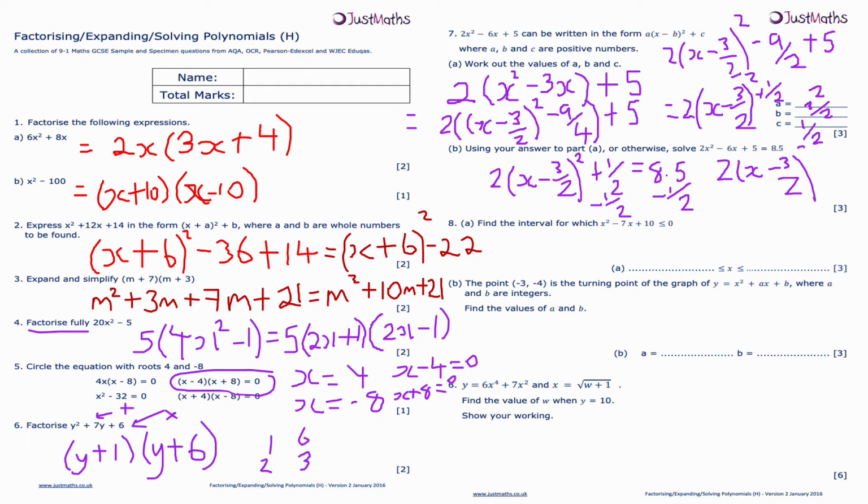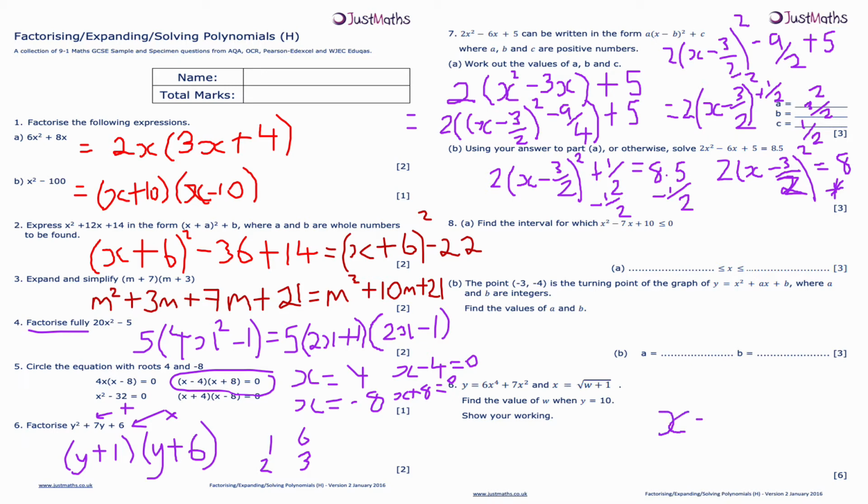I'm now going to divide both sides by 2, so let's put it on the bottom so we got a bit more space, and then I'll rub it off. Let's just put a little star there. So dividing everything by 2, I'm going to get x minus 3 halves all squared is equal to 8 divided by 2, which is equal to 4.